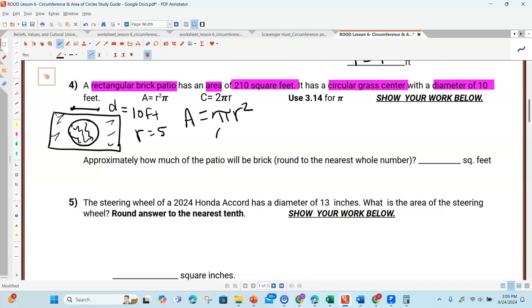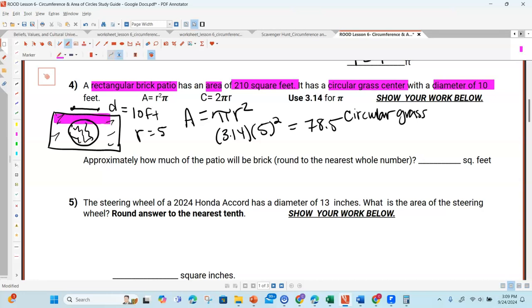Then we take pi, 3.14, times 5 squared, and that gives us 78.5. Now that we know the area of the circular grass area, we need to remove that from the area of the rectangle. The area of the rectangle is all of this.